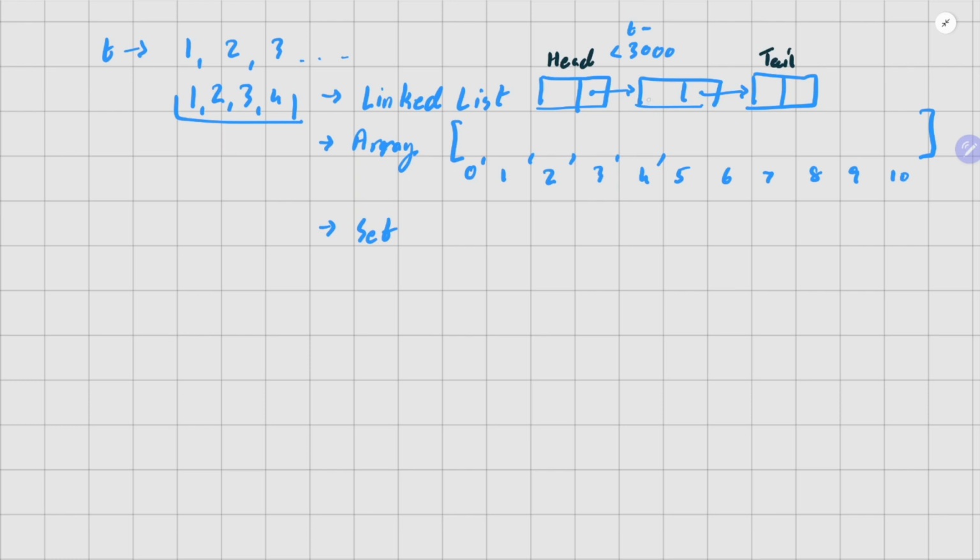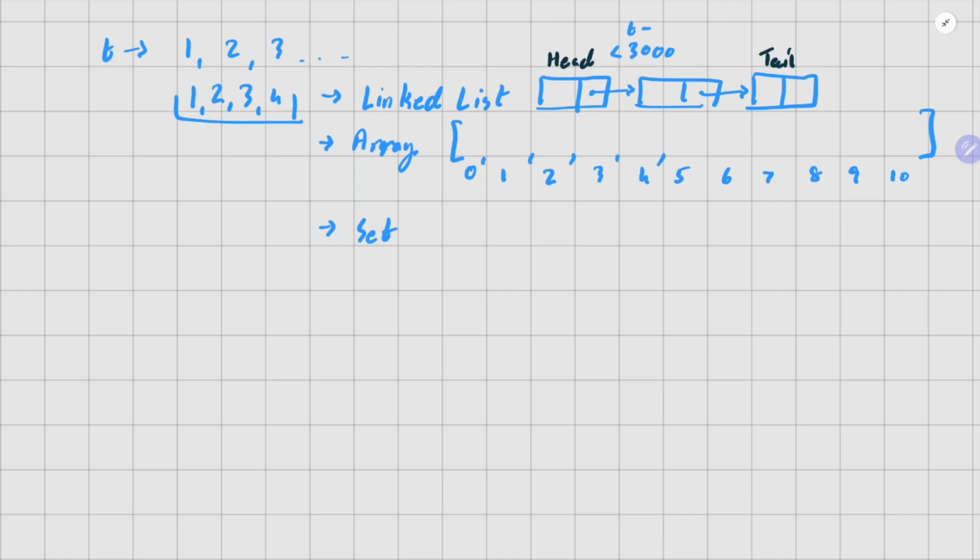But the problem usually comes with insertion, because if we don't maintain our tail, then inserting into our linked list would be an O(n) operation. We start at the head, keep going until we find the tail, and then insert into it.